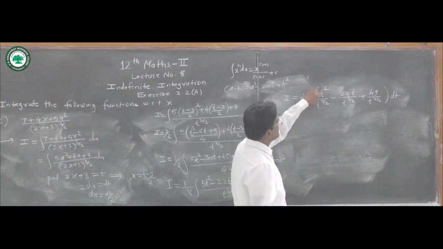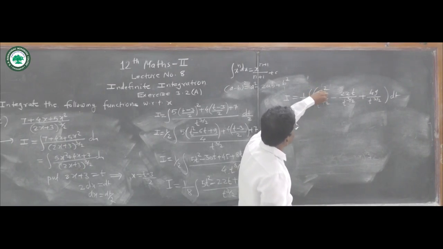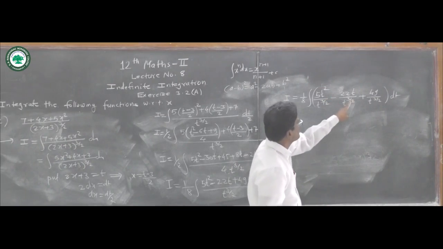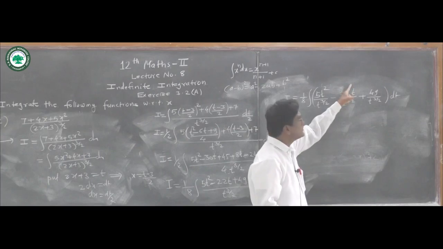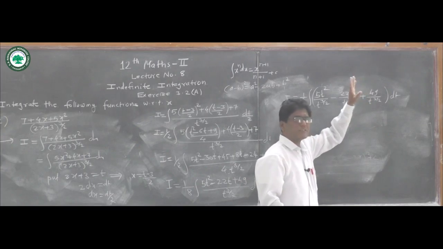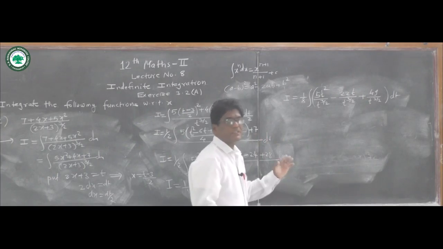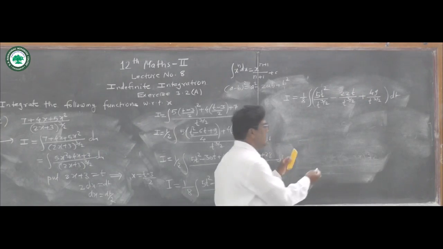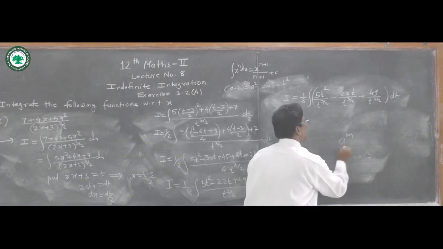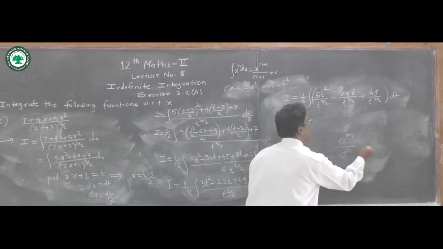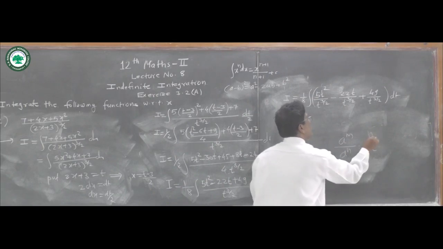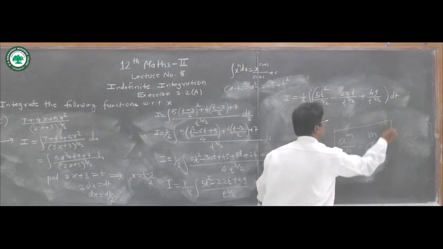Now here, now take the division. Use the rule of indices. Here we shift this power 3 by 2 to numerator. Here also shift this power 3 by 2 to numerator. Here also shift power 3 by 2 to numerator using the rule of indices. When a to the power m divided by a to the power n is equal to a to the power m minus n, we know this.